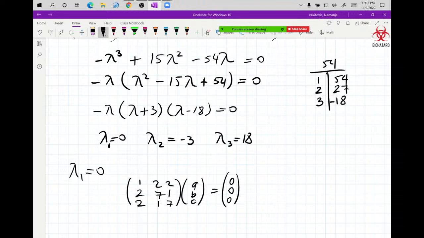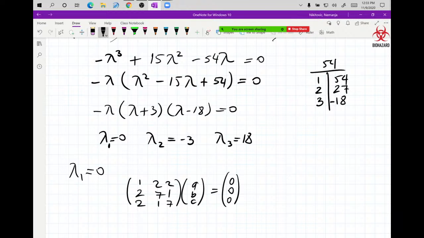Now, if you don't know row reduced echelon form from linear algebra, this becomes a little bit of an issue, right? Because we're supposed to be able to get one of those equations eliminated.